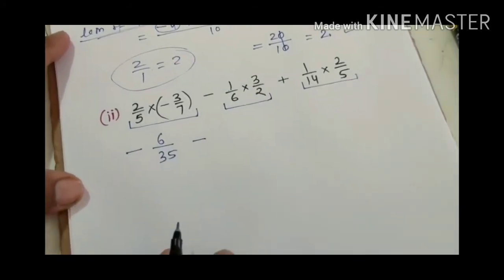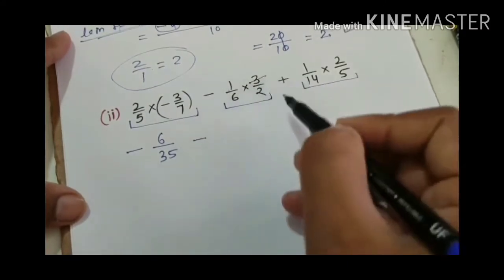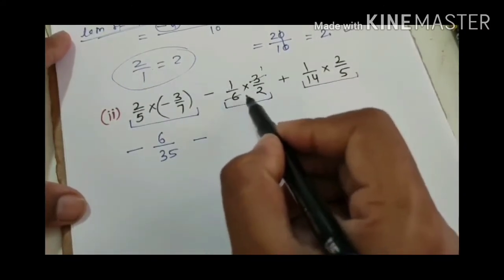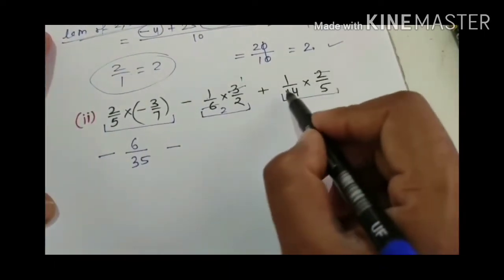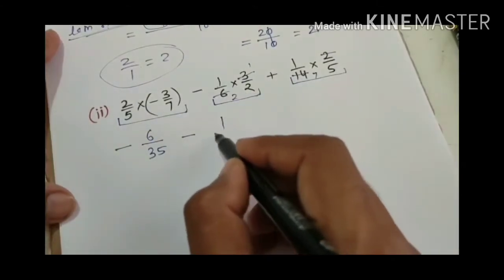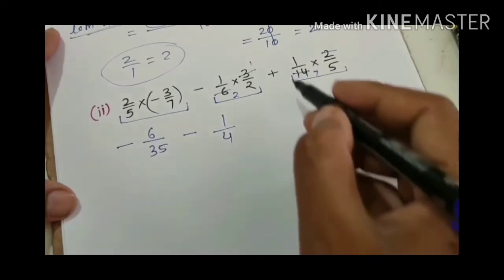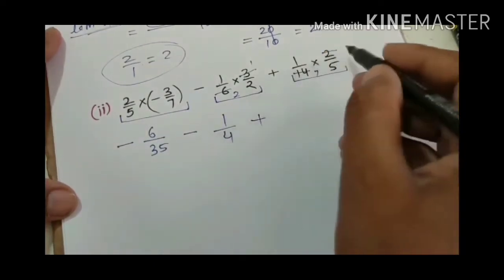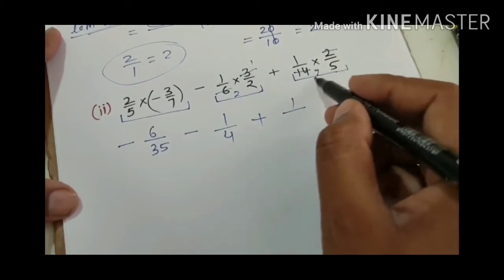Again same minus. You just see 3 and 6 can be cancelled. 3 1s are 3, 3 2s are 6. Now let's multiply. Here also the same thing you can do. 1 2s are 2, 2 2s are 4. Then plus 1 by again 35.